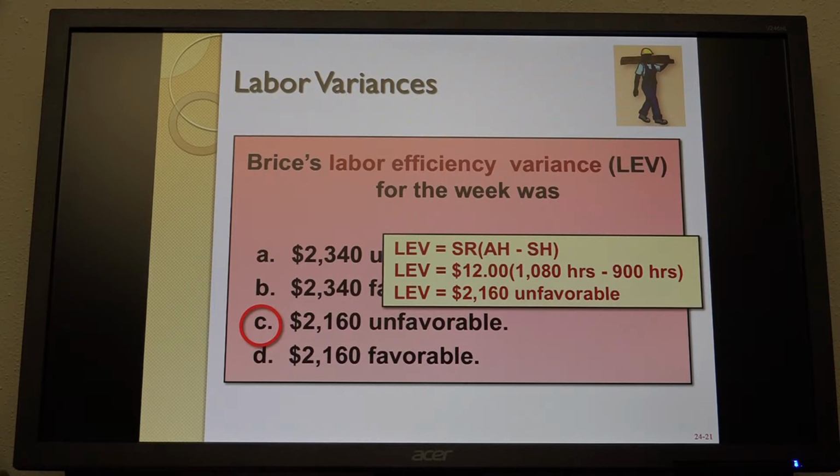Again, there you can pretty much eyeball that it's going to be unfavorable because it's taking more hours actually to make these units than what management has determined it should take to produce these units.